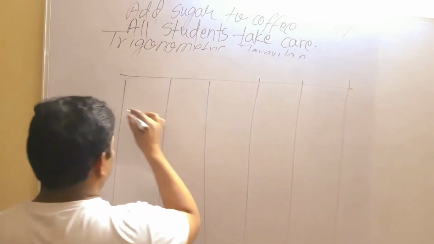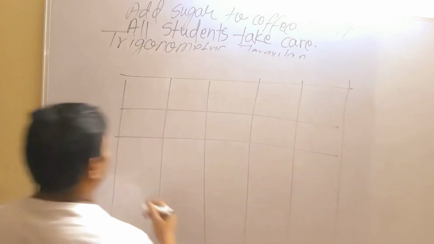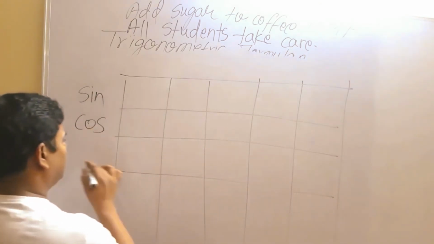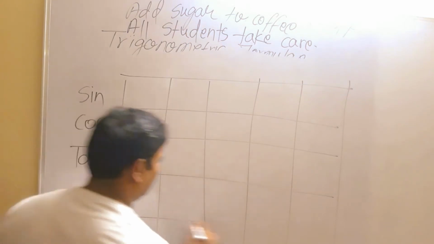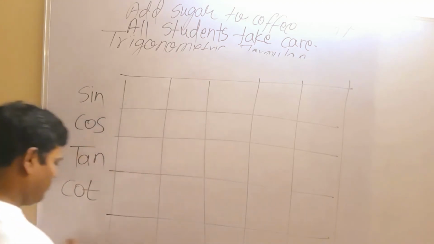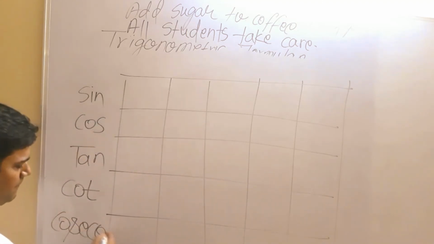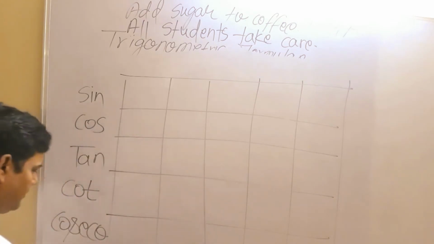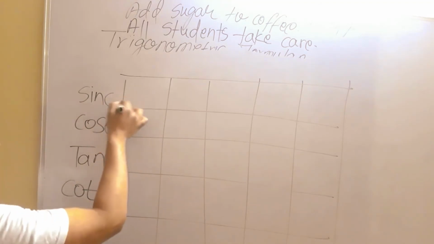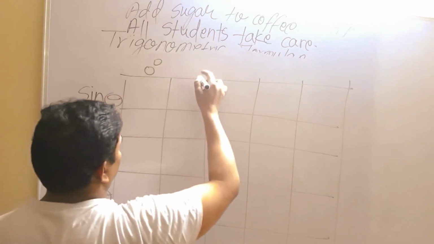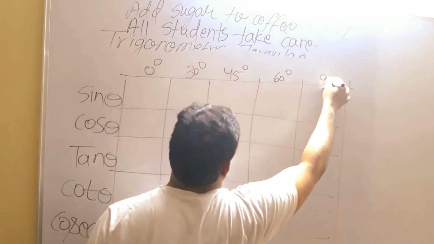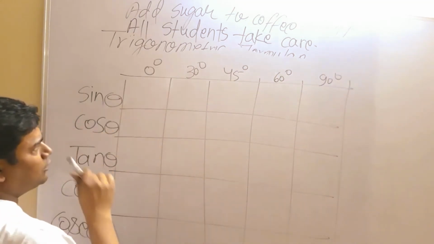And in these columns, we'll put the values of sin theta, cos theta, then tan theta, then cot theta, then cosec theta, and then sec theta. This is 0 degree, this is 30 degree, this is 45 degree, this is 60 degree, and this is 90 degree.